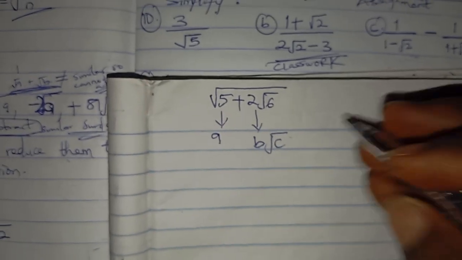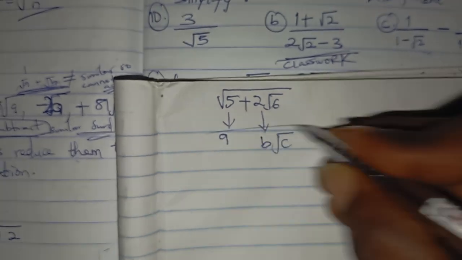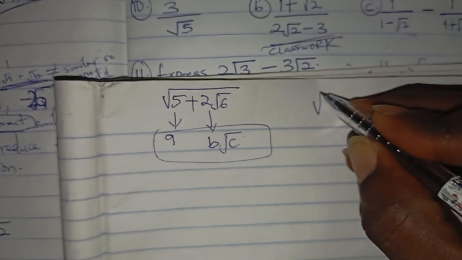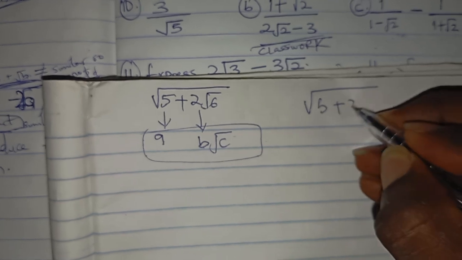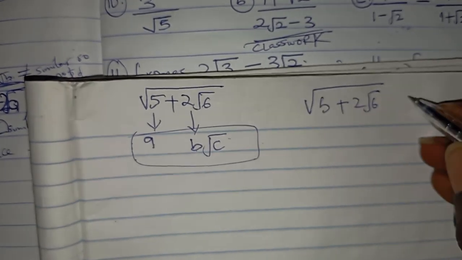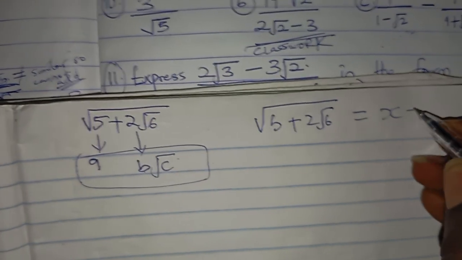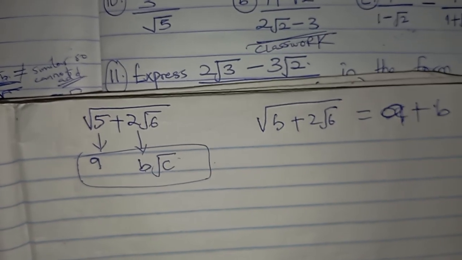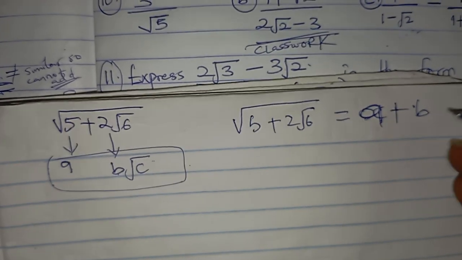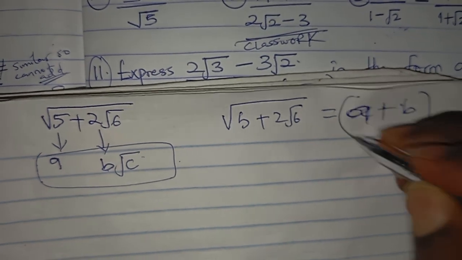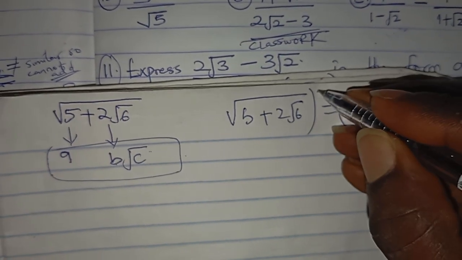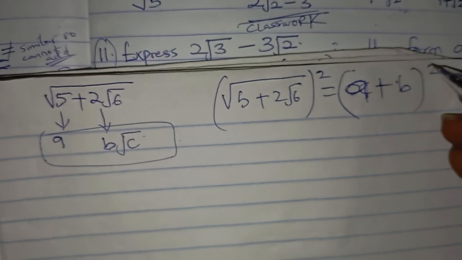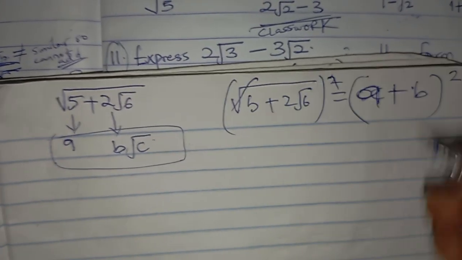Notice that root 5 plus 2 root 6, if I decide to let it be equal to a plus b, by the time I take the square of both sides, this will cancel this.